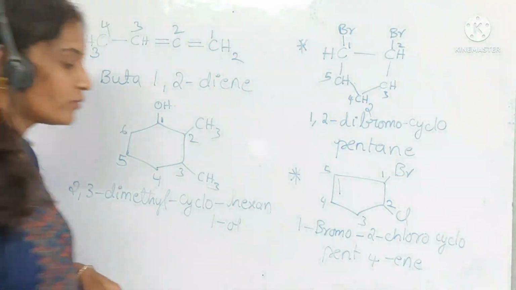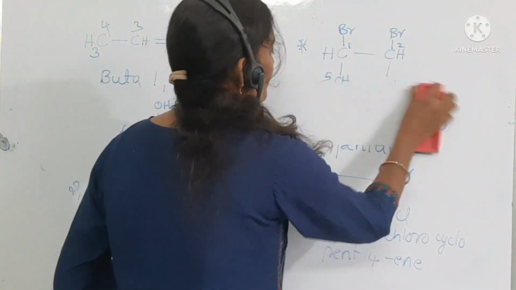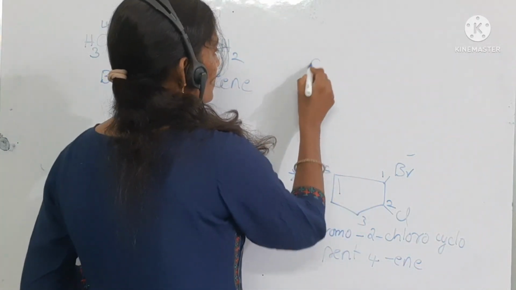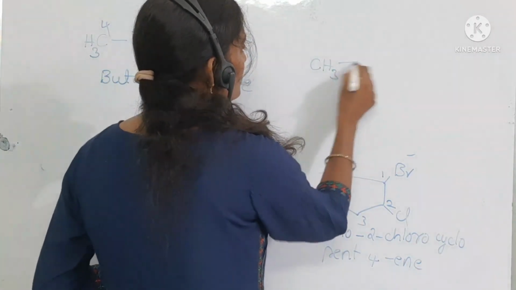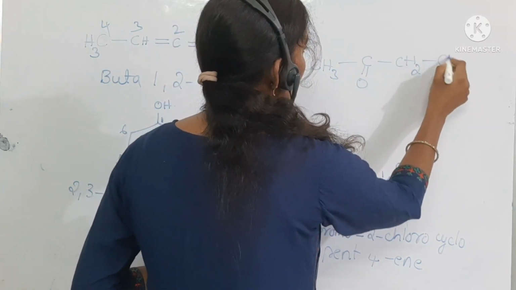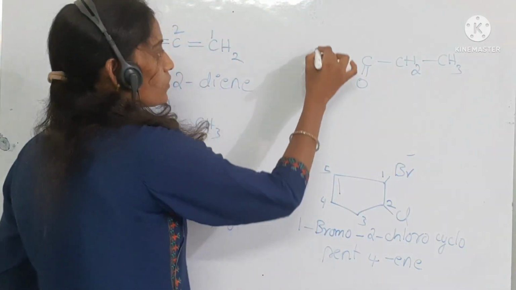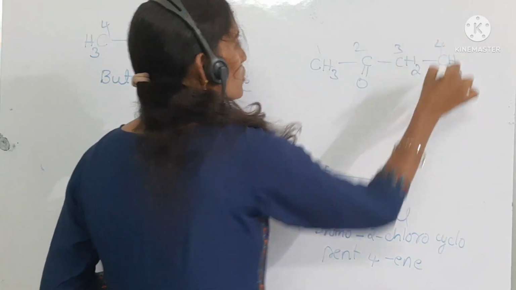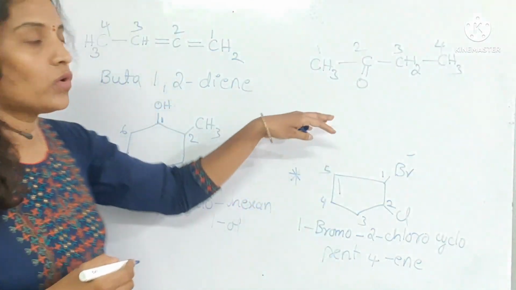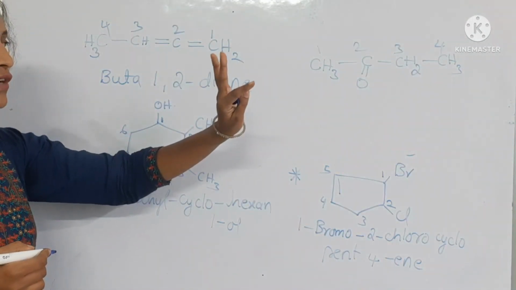One more example you can see, CH3 C double bond O, CH2 CH3, students. How can you name this molecule? 1, 2, 3, 4. 4 carbons are there. At the second carbon, one ketone functional group is there.